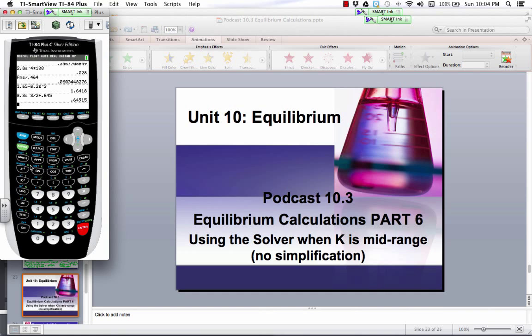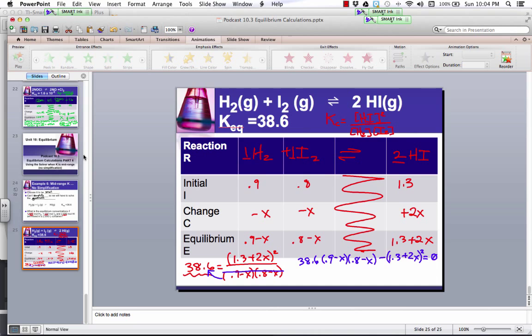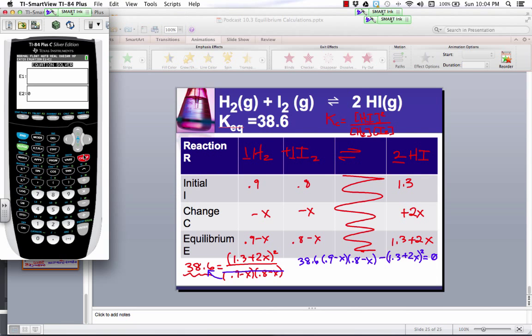So remember, go to Math, and then find the function that is your solver. And let me clear that out. I want to look at it while I do it.